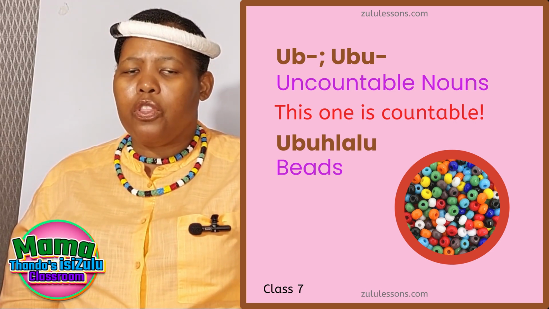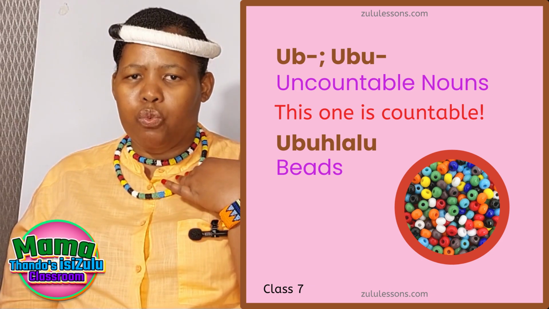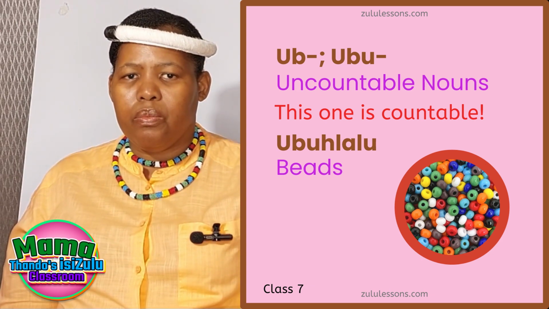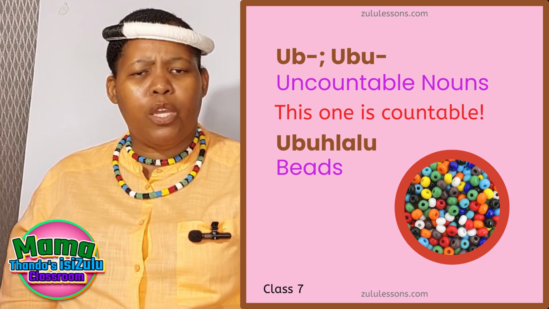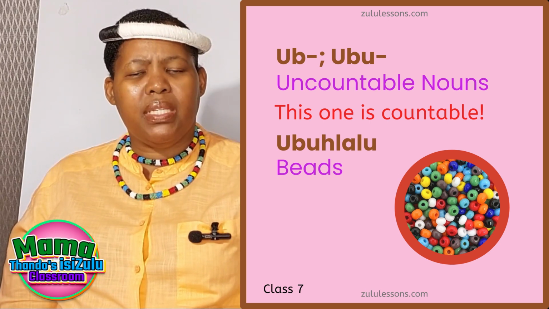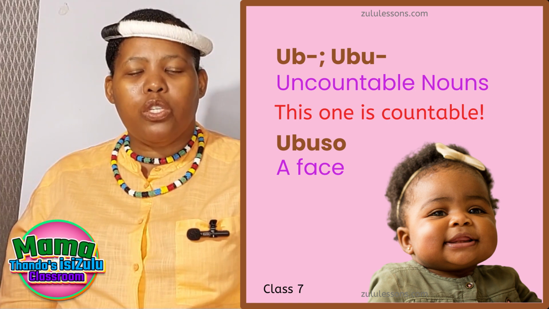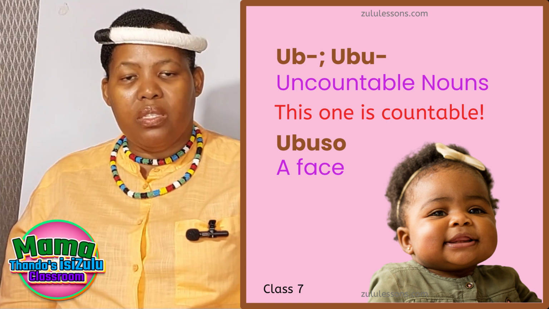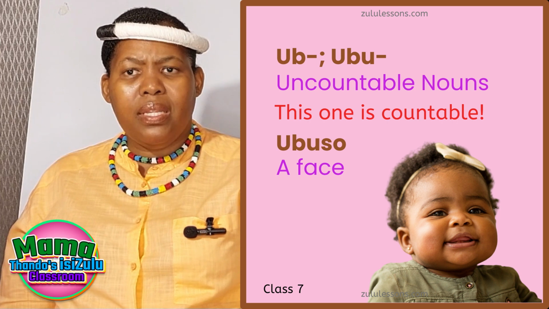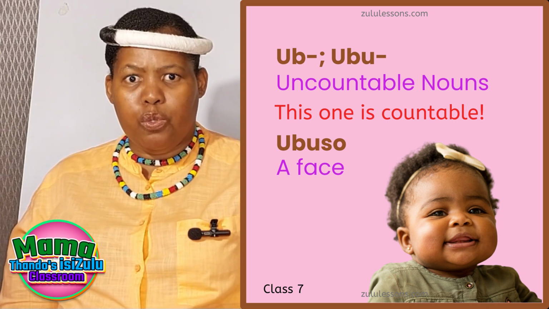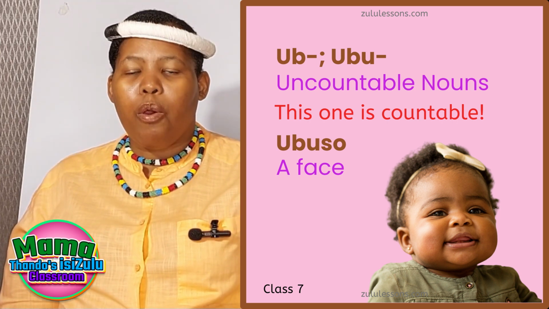For example, the word ubuhlalu, beads. We can count beads and say 1 bead, 2 beads, 3 beads, 10 beads. And for example, the word ubuso, which is a face. We can count faces and say 1 face, 2 faces, 3 faces.